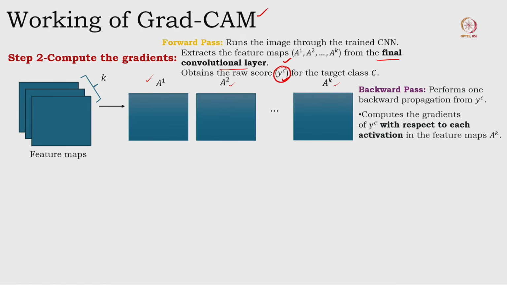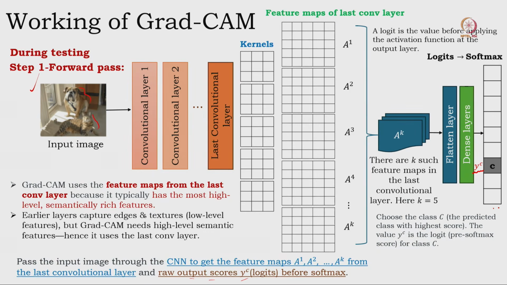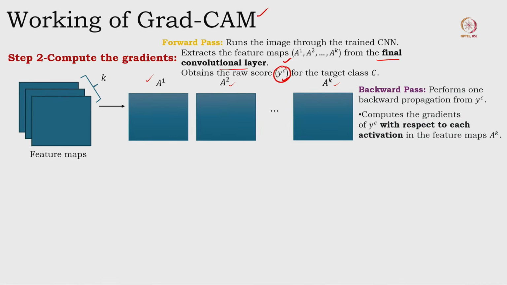When it tells the CNN to compute the gradients, the CNN will go through the backward pass, and in the backward pass it is going to compute the gradients at the dense layer, then at the flattened layer, and then the gradients of each of these feature maps. But Grad-CAM does not care about the gradients at the dense layer or at the flattened layer.